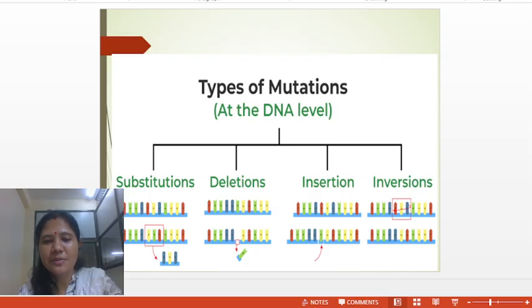Deletion means one or more DNA bases are deleted from the whole sequence. Insertion means a new specific gene sequence is inserted into the DNA segment. And inversion means we shift the arrangement of the genetic base pairs. So these are the different types of mutations.